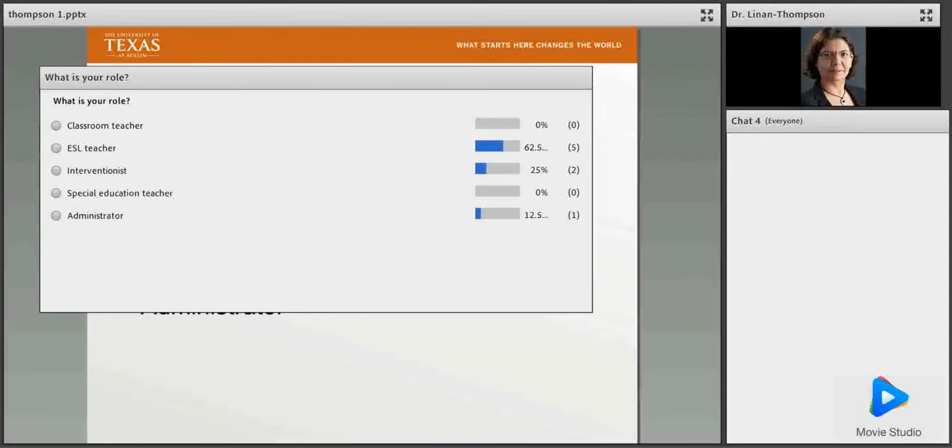Okay, so it looks like it's mostly ESL teachers and some interventionists and an administrator. Well, this is perfect because the ESL teacher and the interventionist are 2 of the critical people in administering culturally responsive RTI.